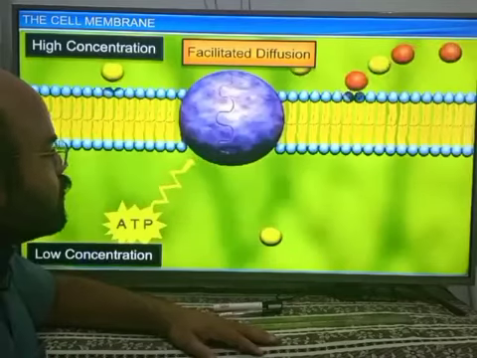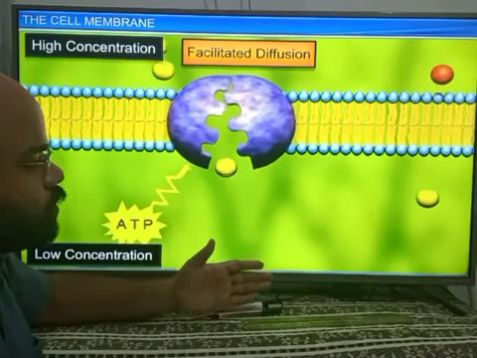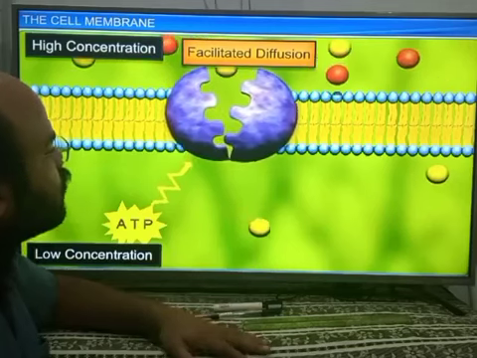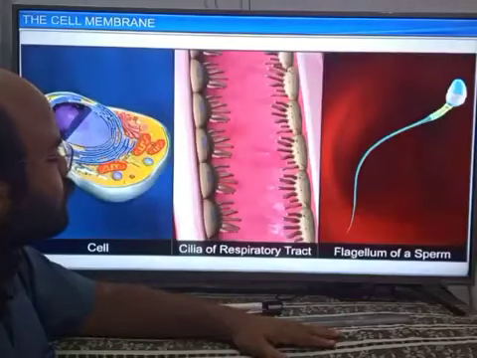So we have seen how passive transport and active transport actually occur. We have seen how osmosis and diffusion actually happen.